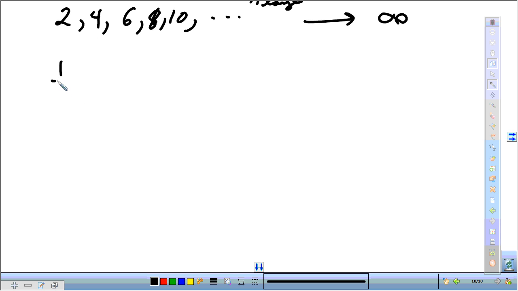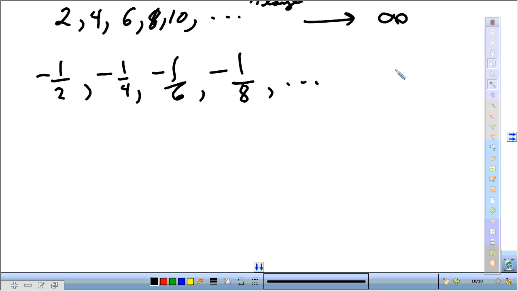I can run into a problem if I get other small numbers, minus 1/2, minus 1/4, minus 1/6, minus 1/8. That same progression is getting very small, or becoming very close to 0.